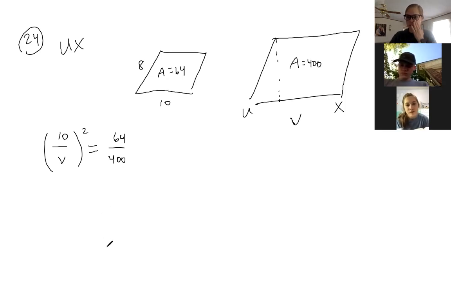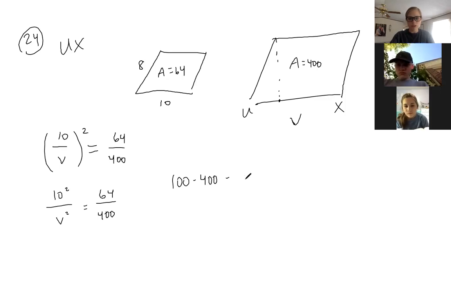Now when we're dealing with perimeter, we don't have to square it, okay? So we've got 10 squared over V squared is equal to 64 over 400. Let's cross multiply. 10 squared is 100. So I've got 100 times 400 is equal to 64 V squared.